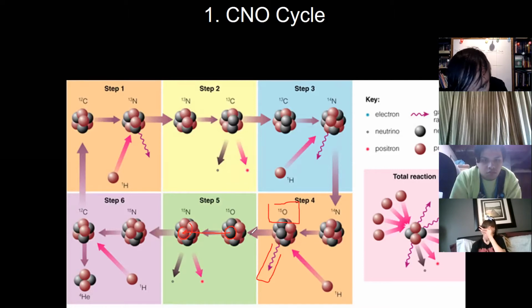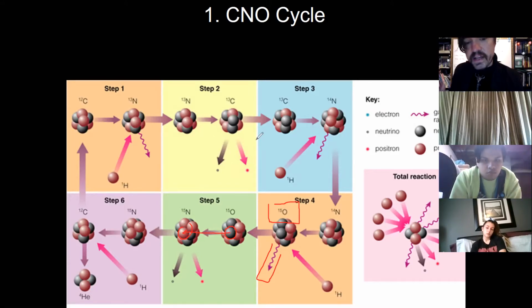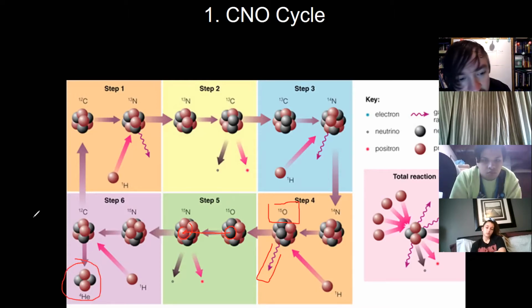Okay, oxygen-15 decays to nitrogen-15, and the nitrogen-15 gets hit with one more proton. Now at this point, nature could iterate and change this nucleus to oxygen-16, but nature doesn't do that. What nature does is it spits out a little helium nucleus here, and the original atom, carbon-12, remains left over.